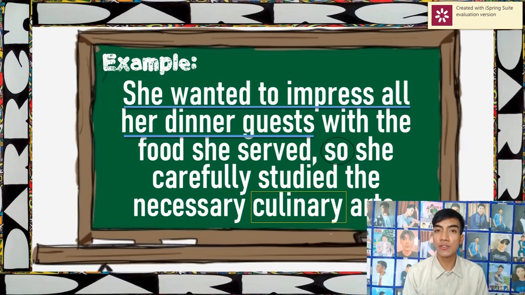From this relationship, then, culinary is anything related to kitchen or food preparation. Again, culinary means anything that is related to the kitchen or in food preparation or food in general. That's our context clue type, which is by the use of cause effect.